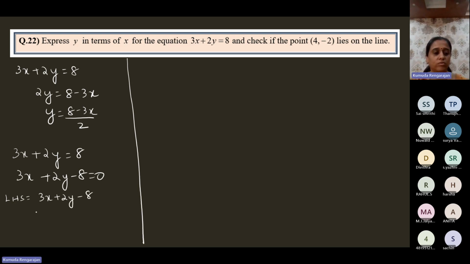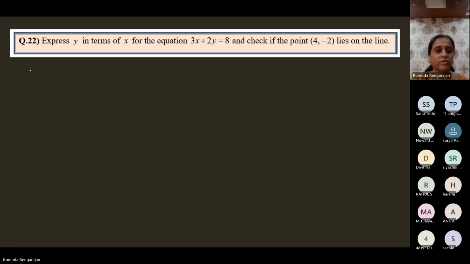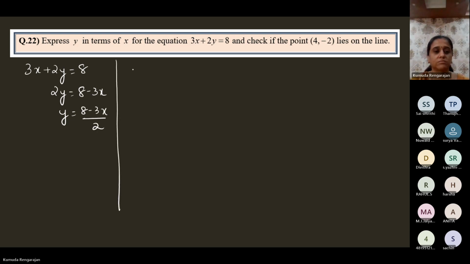So x is 4. 3 into 4 plus 2 into minus 2 minus 8. I'll just redo this. Sorry. We'll write this in the standard form.